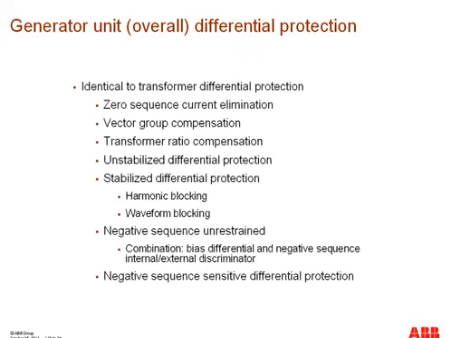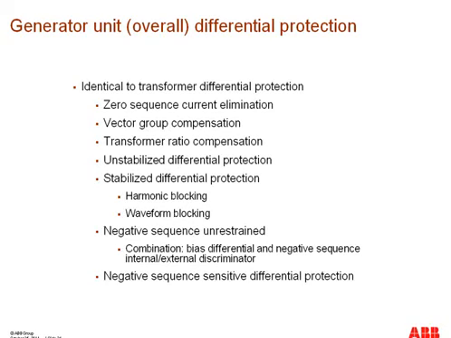When it comes to transformer differential protection, we have to take care of the zero sequence current elimination. We have to take care of the vector group compensation and transformer ratio compensation. And then we have to have the unstabilized differential protection as we talked about before, and then stabilized differential protection.